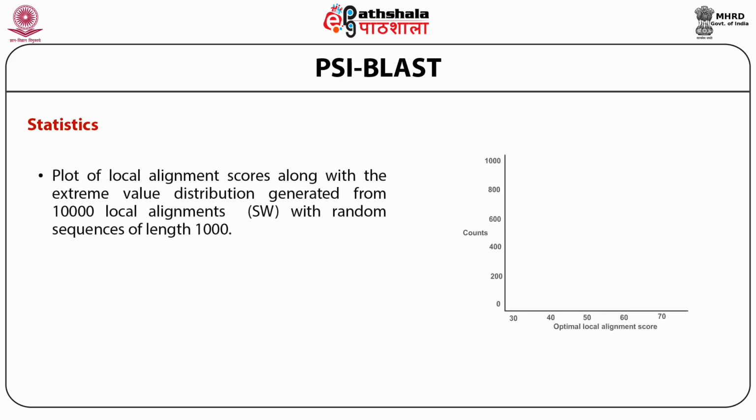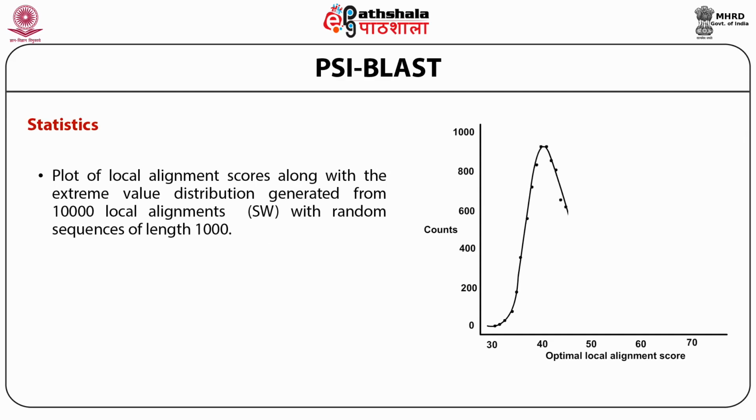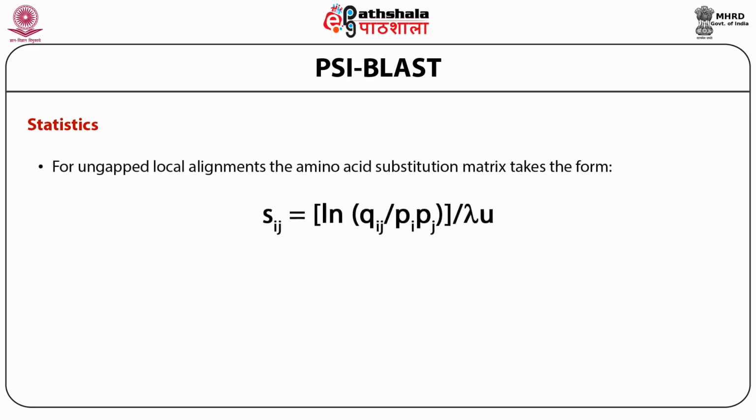If I plot this, the extreme value distribution looks like a Gaussian kind of distribution, but the tail is a little bit heavy. That's about the differences. Now for ungapped local alignments, I can define an amino acid substitution matrix, which is the log odds score, where Qij is the substitution probability of amino acid i to amino acid j, and Pi and Pj are the corresponding background frequencies.